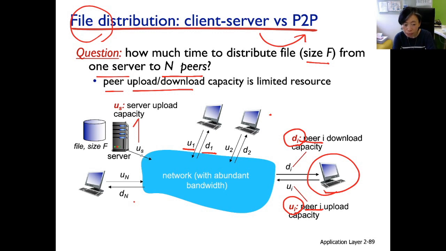The uplink capacity is u_s. The downlink capacity is d_s, although we're probably not needing it in the calculation. All right, so one big file, size being big F. So this is the setting.